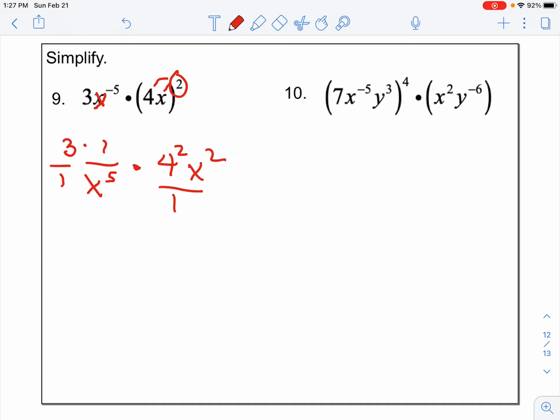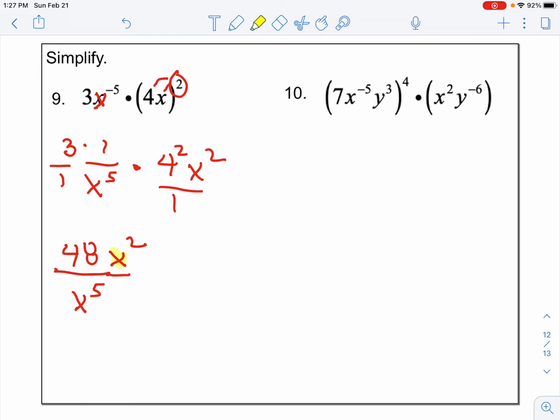I could put a 1 under that. Now I'm just going to multiply straight across, which is 3 times 4 times 4. So I get 16 times 3, which is 48. And then I have x squared, and then over x to the 5th.